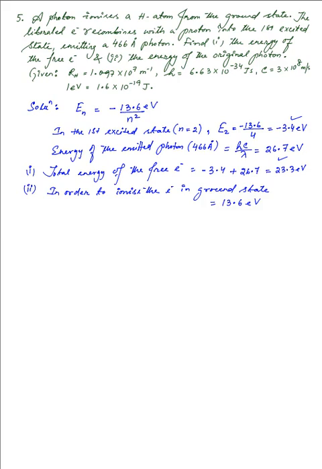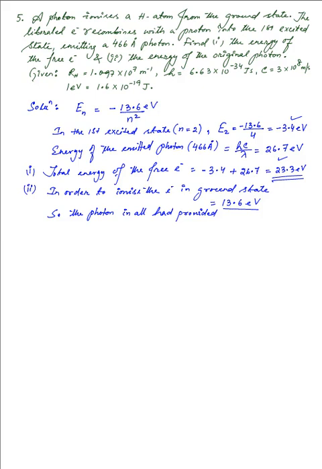So the photon in all had provided not only the energy to ionize it, but also the energy left over, that is 23.3, after all those energy considerations in the first excited state, as well as the energy of the photon that was emitted.